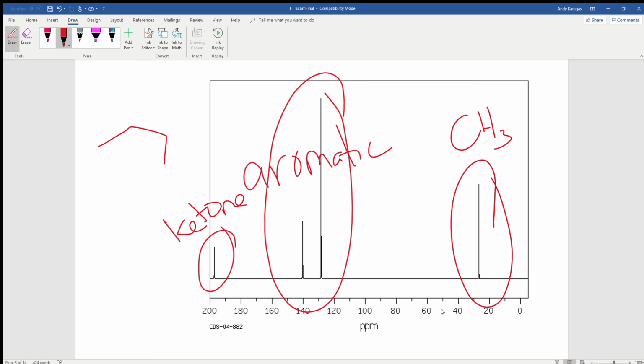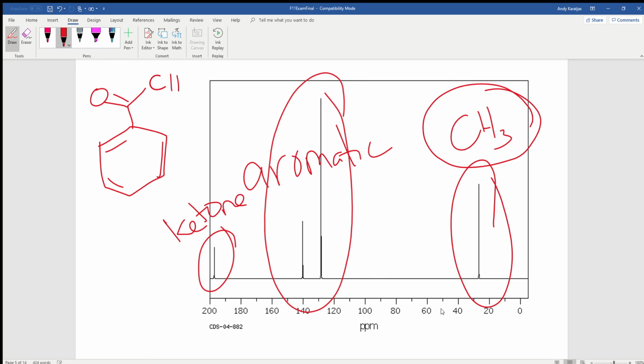So we'll start with our aromatic ring, and that accounts for 6 out of our 10 carbons. Now if we assume that there's a ketone in this molecule, we'll put that on the aromatic ring. And then based on this CH3 peak, we'll assume that it's a methyl ketone. Now we've accounted for 8 out of the 10 carbons in this molecule. We have 2 to go.